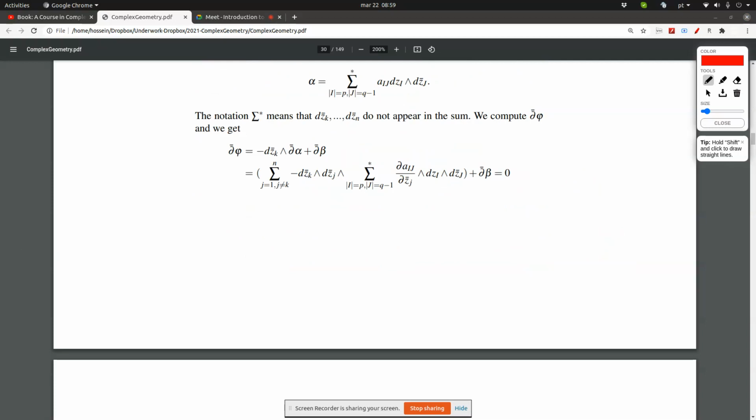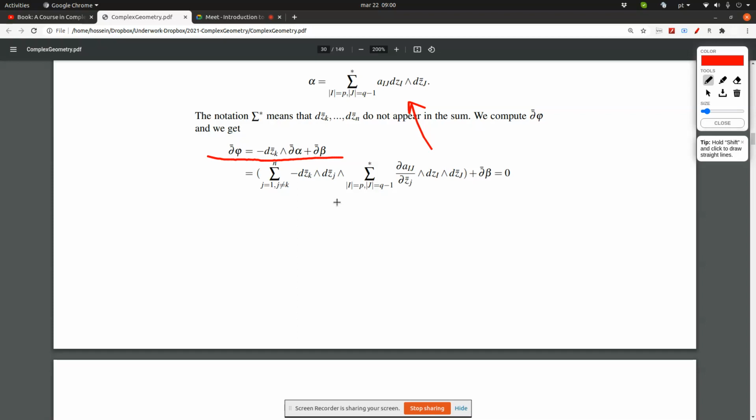Okay, so we start computing dbar phi, and then we substitute this one, at the end of the day, where we want to reach.